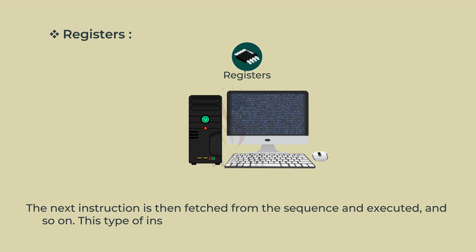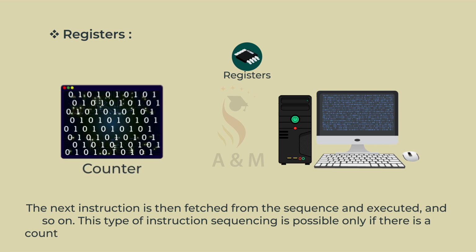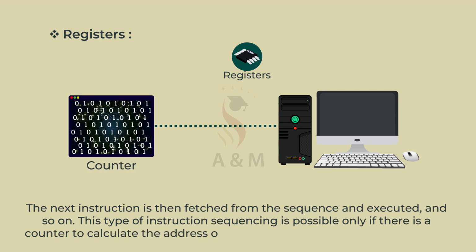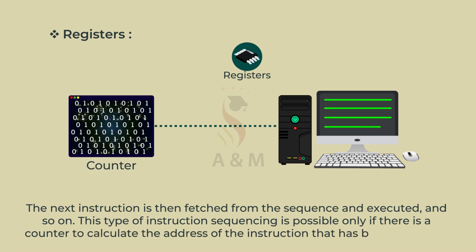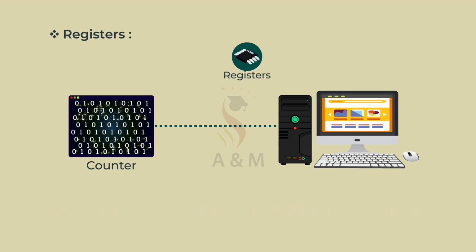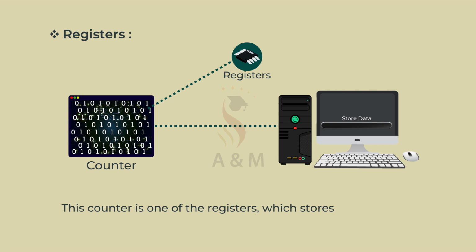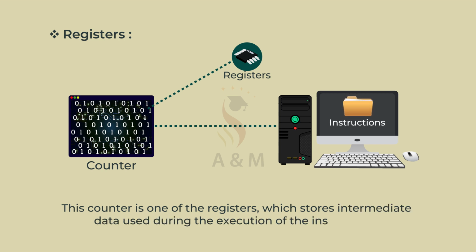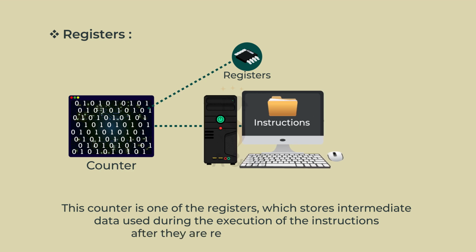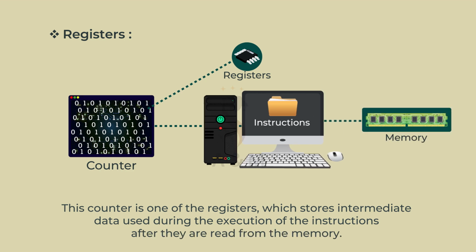This type of instruction sequencing is possible only if there is a counter to calculate the address of the instruction that has been executed. This counter is one of the registers which stores intermediate data used during the execution of the instructions after they are read from the memory.